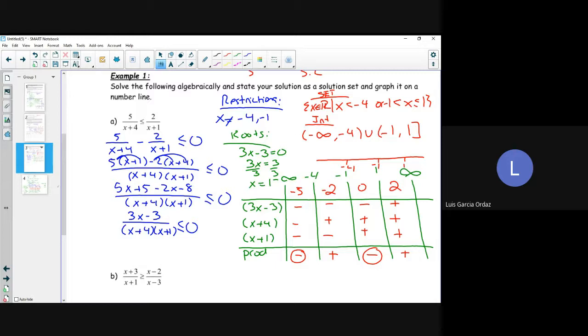Negative 4 and negative 1 are going to have open circles, and positive 1 is going to have a closed circle. So we have our interval: anything less than negative 4 goes to the left of negative 4, and our interval between negative 1 and positive 1.